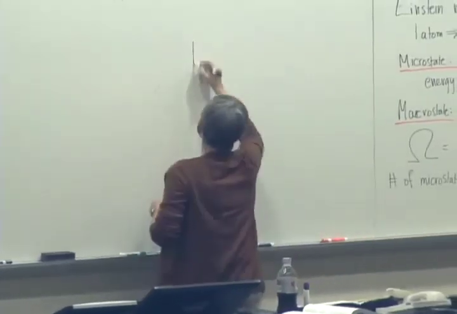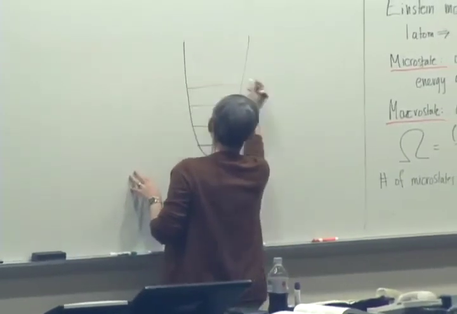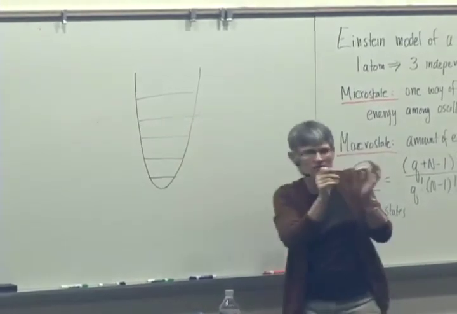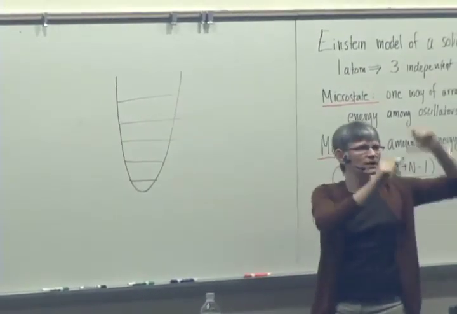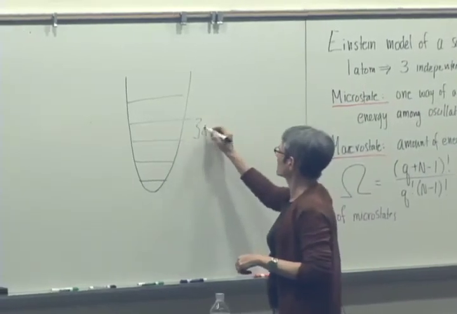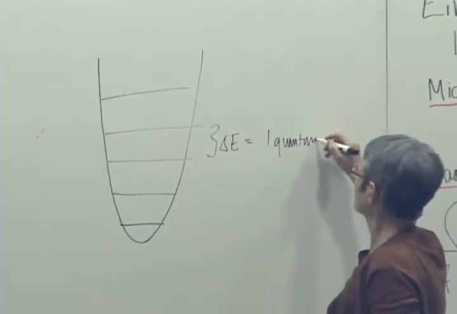Well, one quantum of energy is just this amount of energy that's required to take one of these oscillators from some lower energy state and put it up into the next higher energy state. So delta E is one quantum.